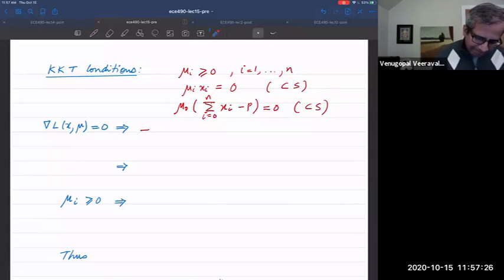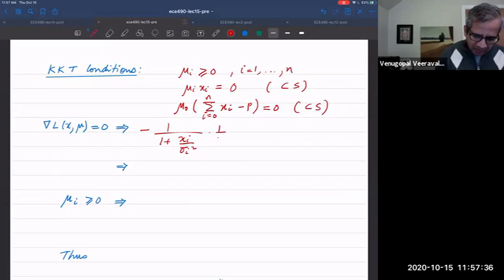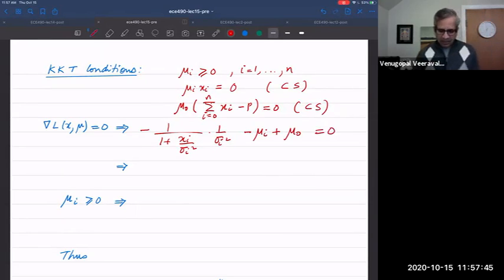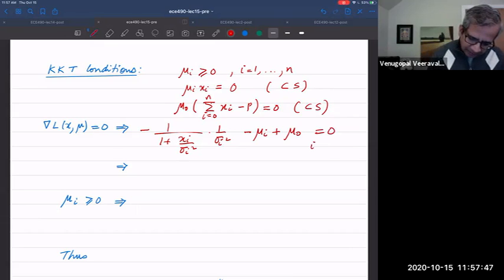So it's 1 over 1 plus xi divided by sigma i squared, times 1 over sigma i squared, then minus mu i plus mu 0 equal to 0. And this holds for i equal to 1 to n. Right?